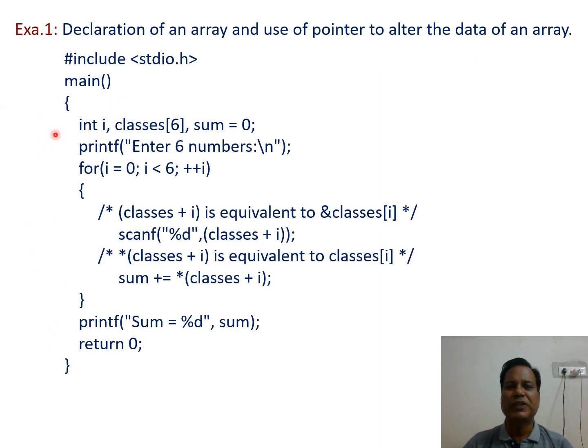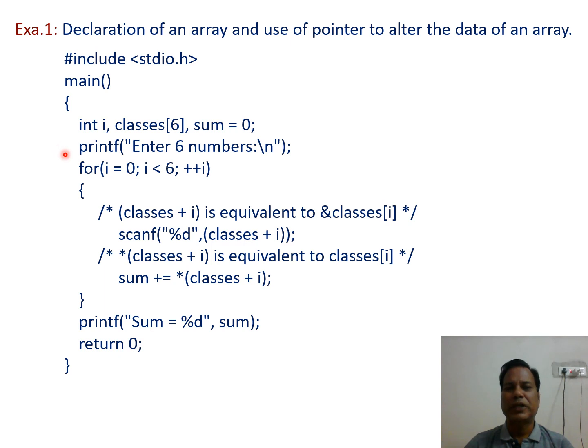The first statement of the main function, int i, classes[6], sum = 0; declares the integer variable i, an integer array classes that can store 6 elements, and a third integer variable sum, whose value is initialized to 0.